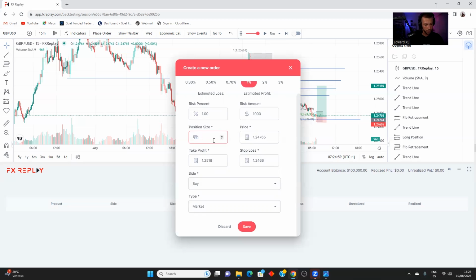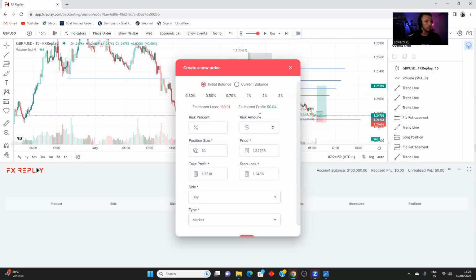Risk 1%, GBPUSD. How many pips of stop loss do we have? From 24.76, we have 10 pips of stop loss. Risking 1%, it calculates more or less 10 lots. So I don't know if this is what I was supposed to write here.